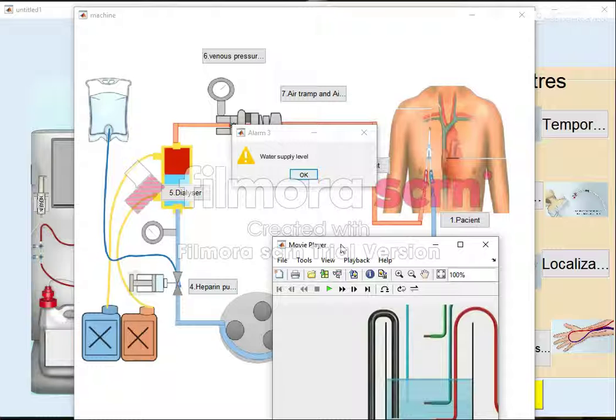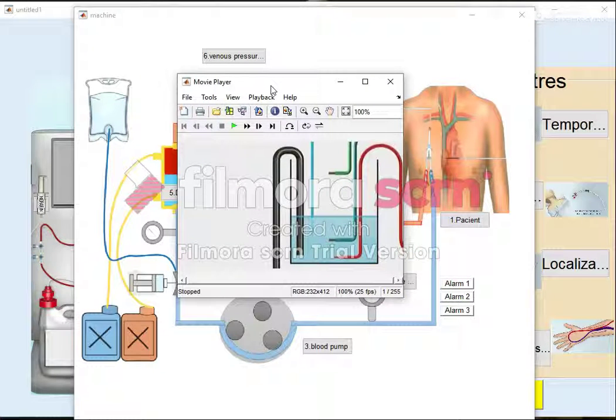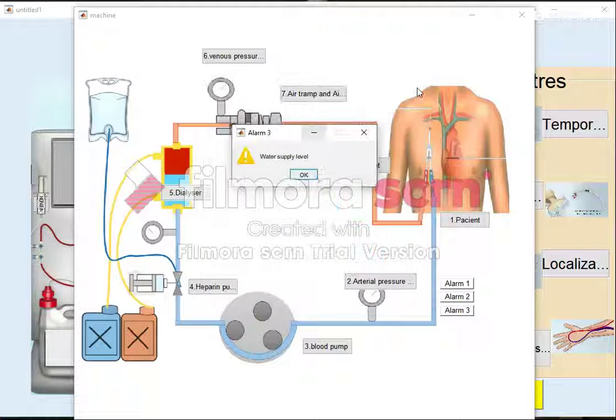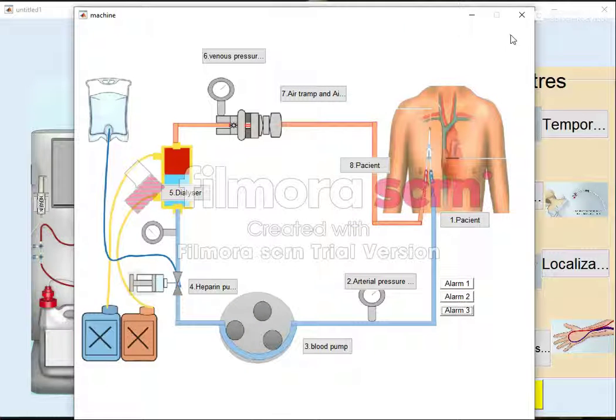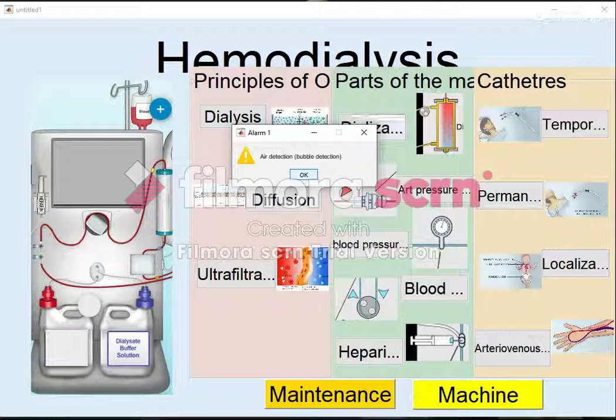It is better to have a normal level of water to the dialyzer. This is the part of the diagram of the hemodialysis machine.